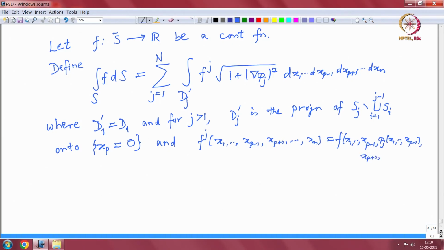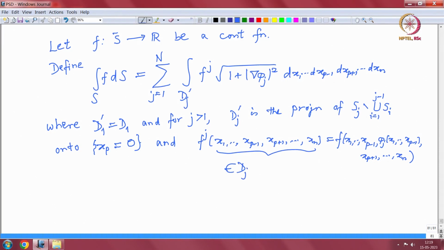Only the pth coordinate is replaced by phi j. Okay. And these are, more generally, in Dj. So Dj is the projection of Sj onto the hyperplane xp equal to 0.